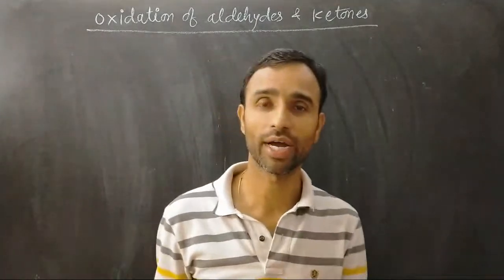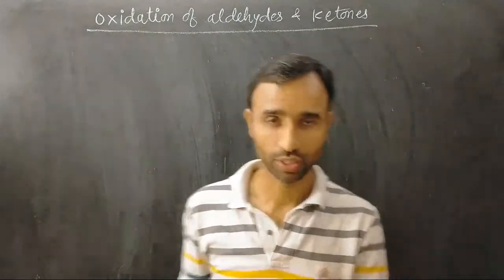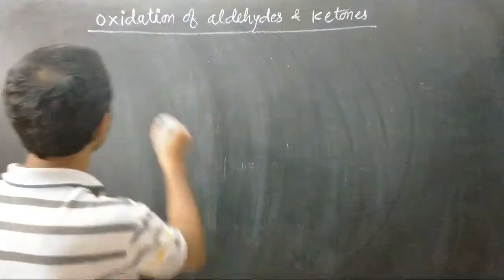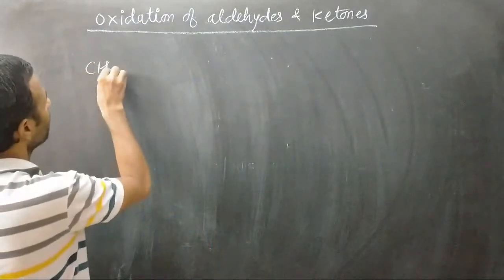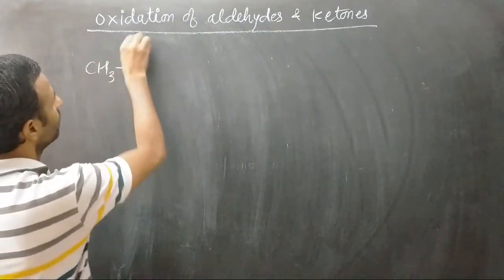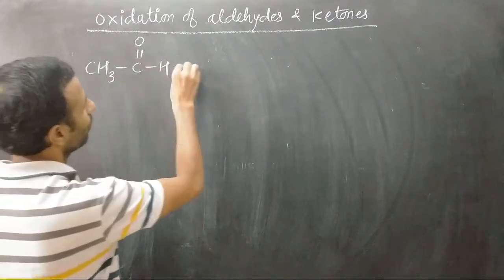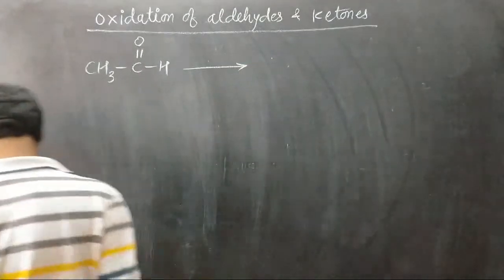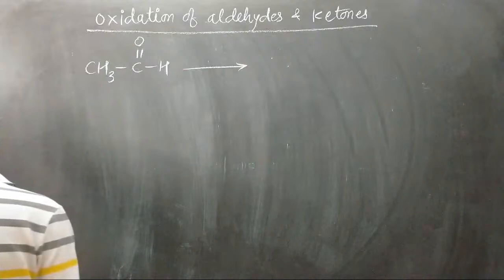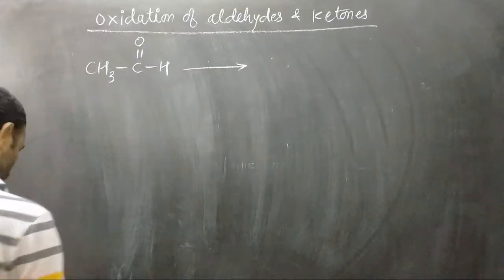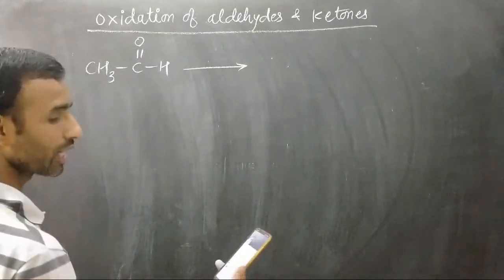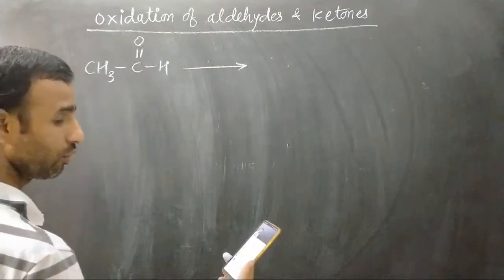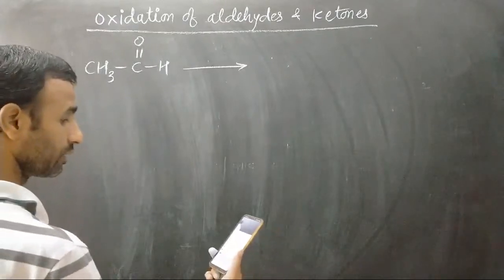Oxidation of aldehydes and ketones. So you know, aldehydes can be easily oxidized to acid by using, yes, tell me, reagents. Reagents used to oxidize aldehydes into carboxylic acid.